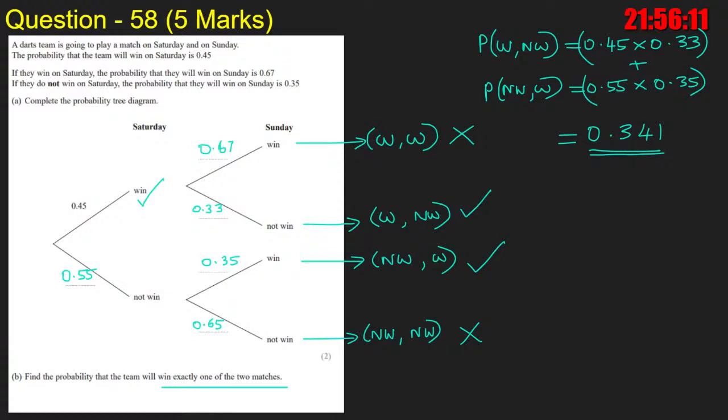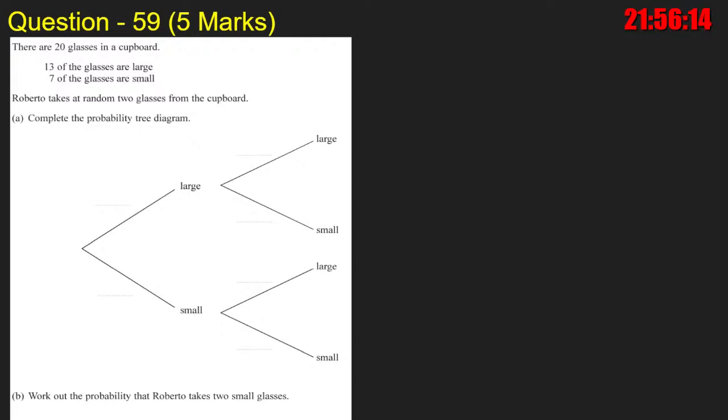So question number 59, there are 20 glasses in a cupboard. 13 of the glasses are large, 7 of the glasses are small. Complete the tree diagram, Roberto taking at random 2 glasses from the cupboard.